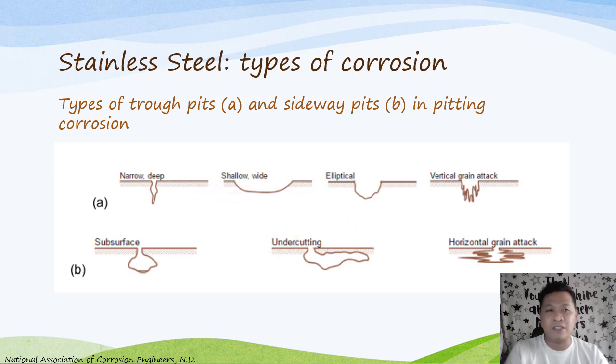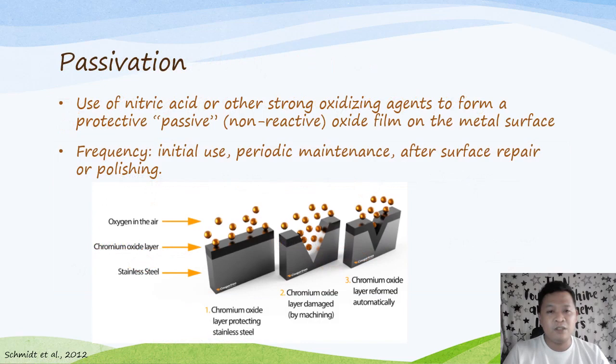To briefly mention passivation, which is the using of nitric acid or other oxidizing agents to form a passive or non-reactive layer of oxide film on the surface of the metal. So it's used initially, tinatawag na passivation, bago sa unang gamit sa food processing. And in maintenance, parang ma-renew yung passivation layer.